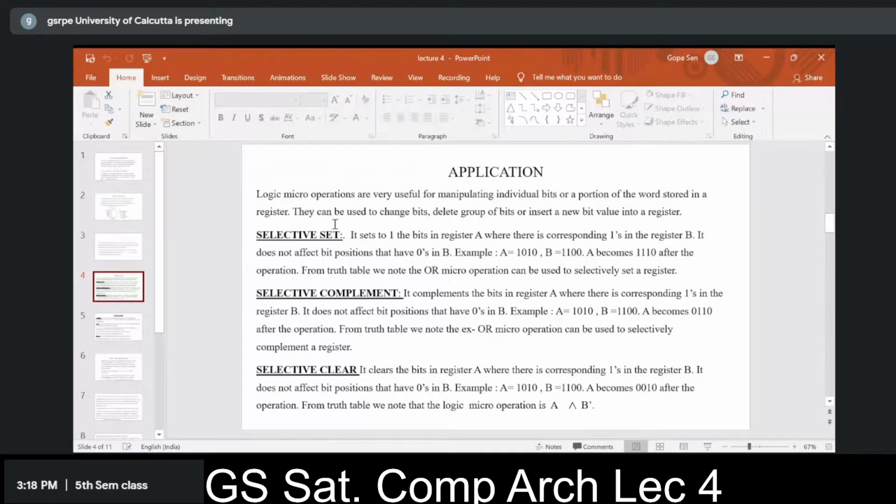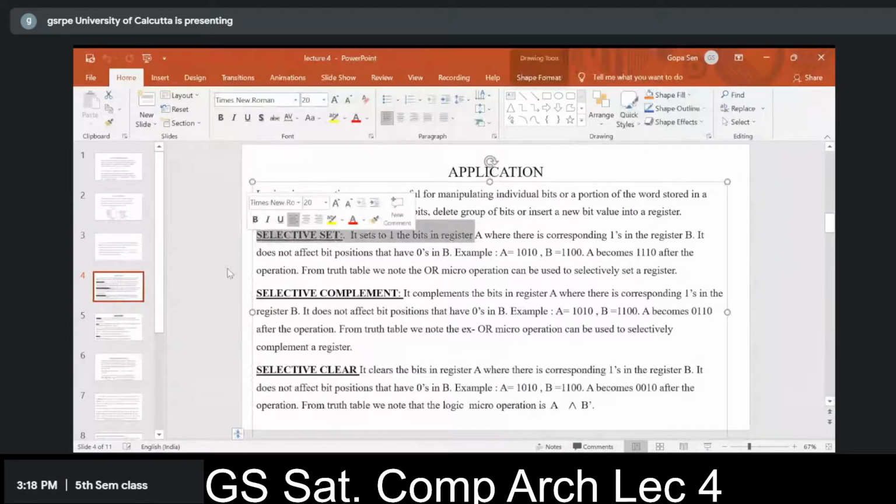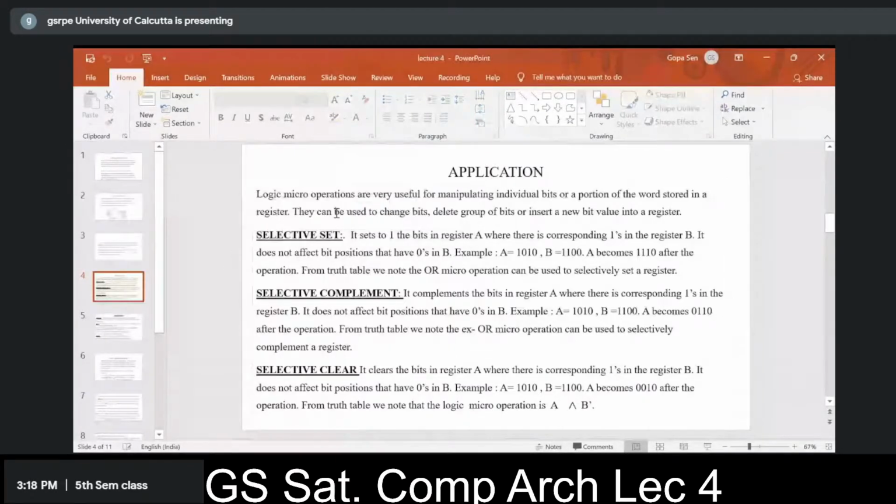This logic micro operation can be used to change bits, delete a group of bits, or insert a new bit value into a register. Now, what are the different applications of logic micro operations? Let us see. One type of application is known as selective set.